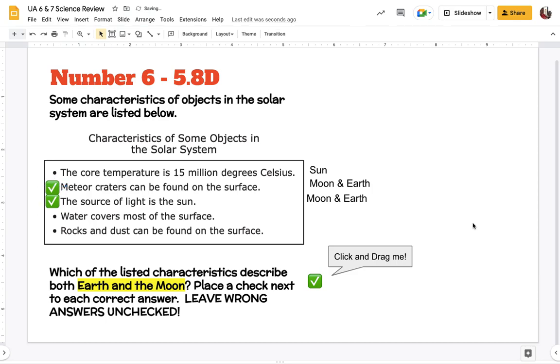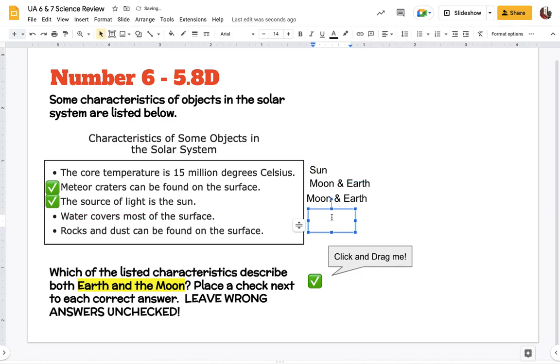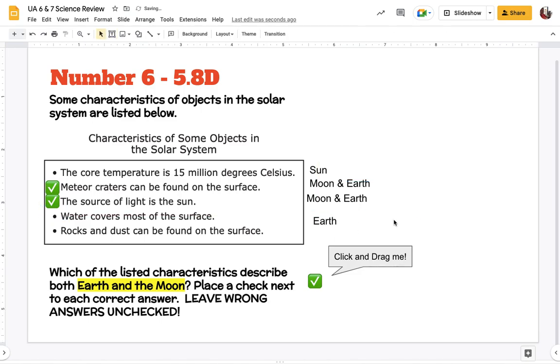Okay, so those 2 are correct. Water covers most of the surface. What do y'all think for that one? Yeah, there's only one that does that, and that is the Earth. So that one is just Earth, not the moon. So that one we will not check because we're still looking for both Earth and moon.